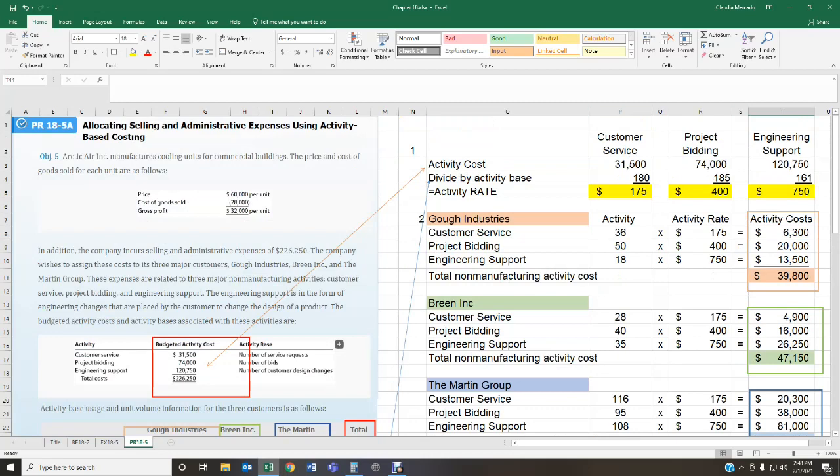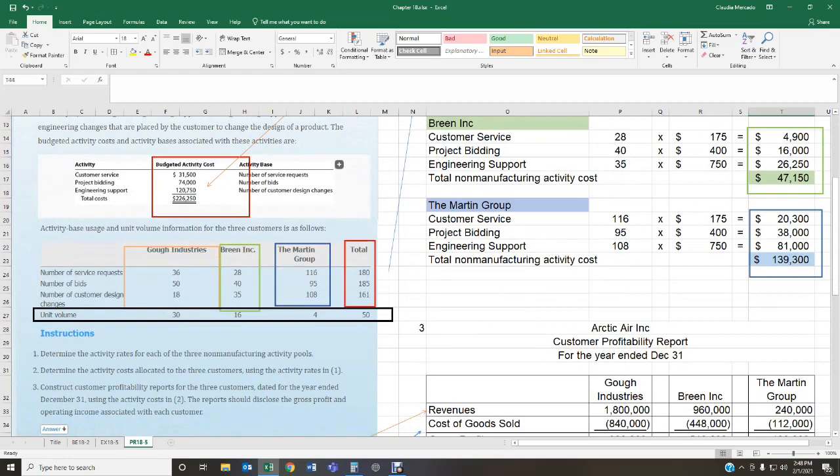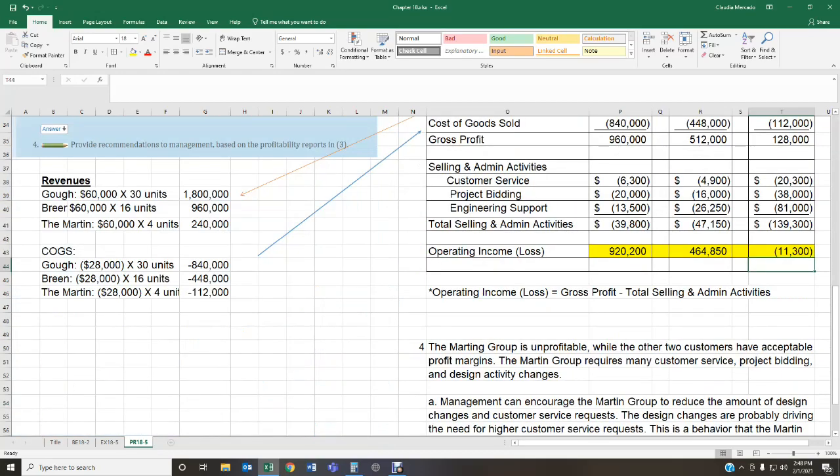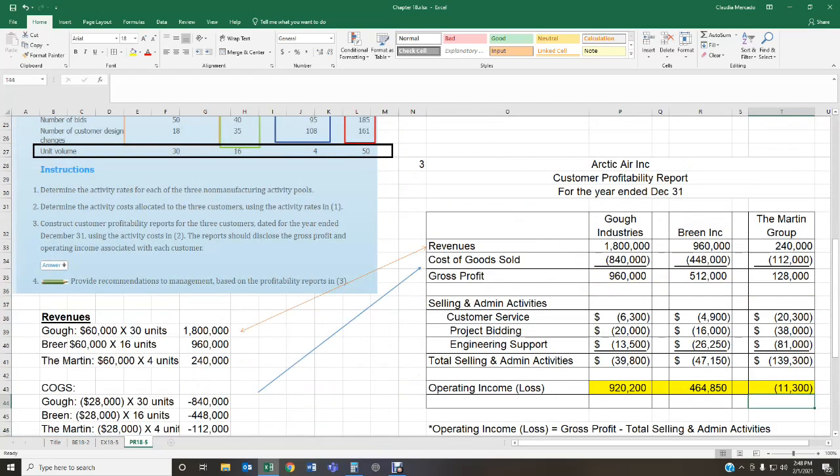We calculated the activity rate. Once my activity rate was calculated, then the rest was a piece of cake. It was just entering the activity rates times the actual activity, and that will give you your total non-manufacturing activity costs for each of the customers. And then we created a customer profitability report, which are our revenues less our cost of goods sold, give us our gross profit, and then we subtracted our selling and admin expenses.